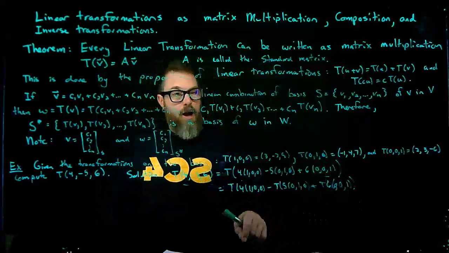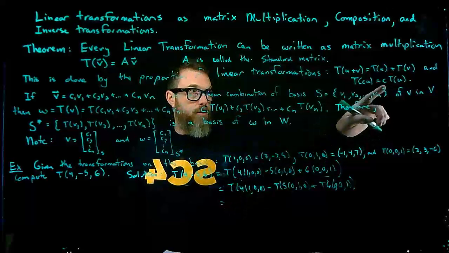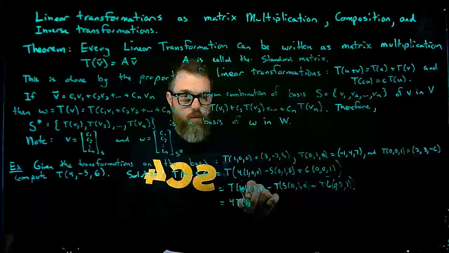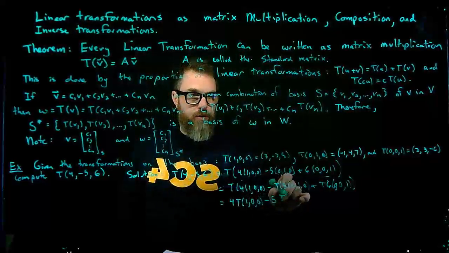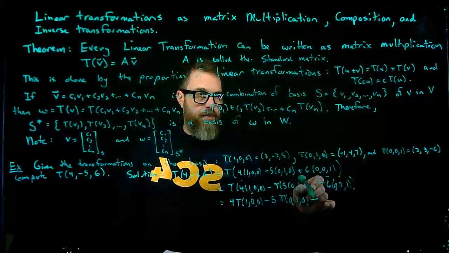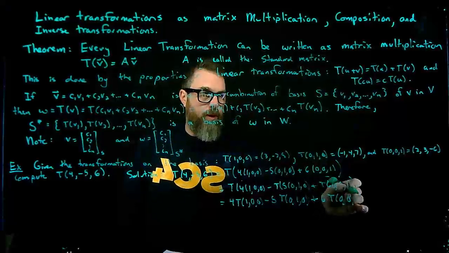Okay. Now what I can do is pull out these constants. I can use this property. So now this is 4 times the transformation of 1, 0, 0 minus 5 times the transformation of 0, 1, 0, and then finally plus 6 times the transformation of 0, 0, 1.